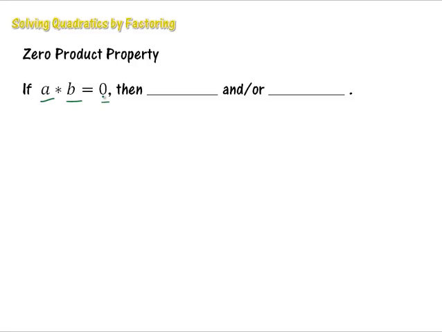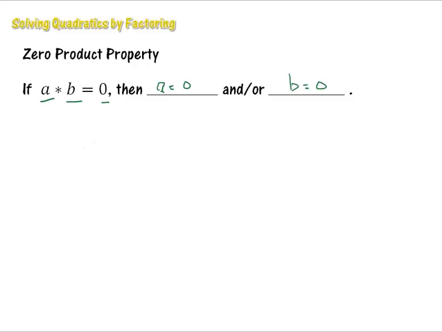We all know that if we multiply two things together and they're equal to 0, at least one of them has to be 0. So what we'll say is then a equals 0 and/or b equals 0. One of the two has to equal 0. They can both equal 0, but at least one of them has to equal 0.